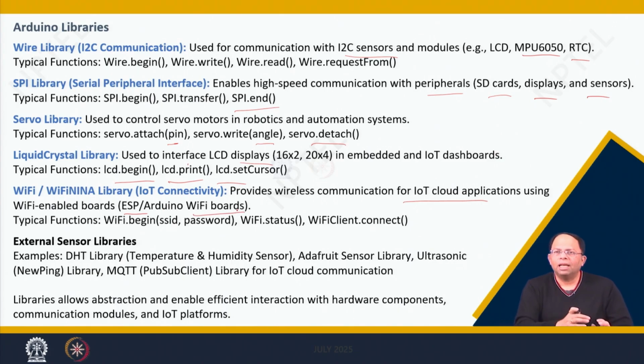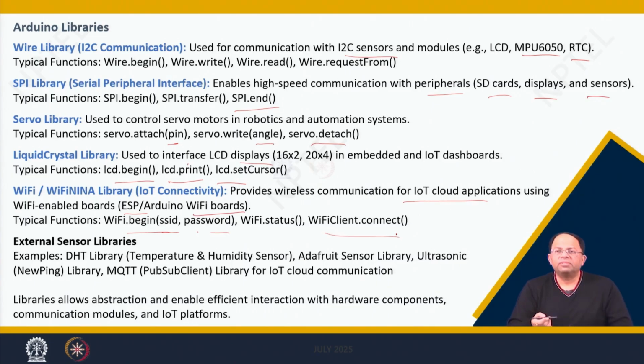Ethernet is just the LAN part, where we are connecting with the net, and Wi-Fi allows us to connect via a wireless protocol. Typical functions are WiFi.begin, where I have to give the SSID and the password for the Wi-Fi network, WiFi.status, WiFi client.connect. So all these are the different functions that we use.